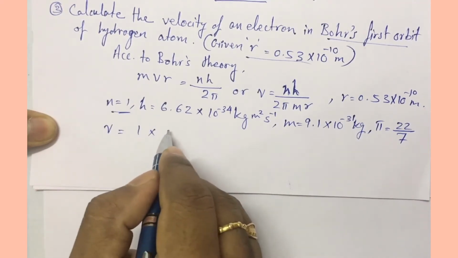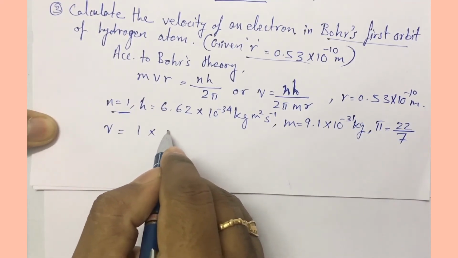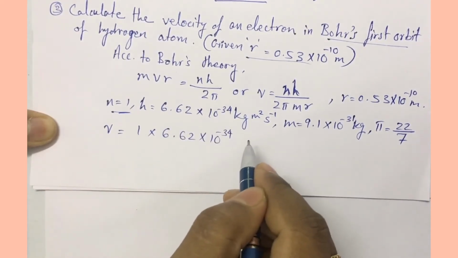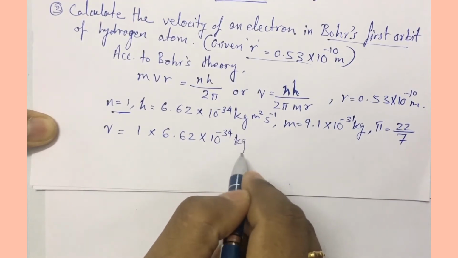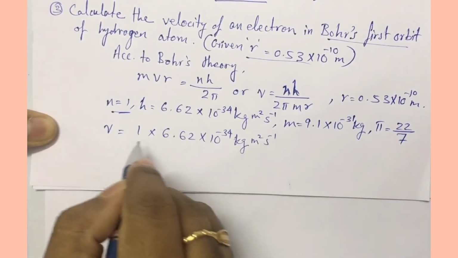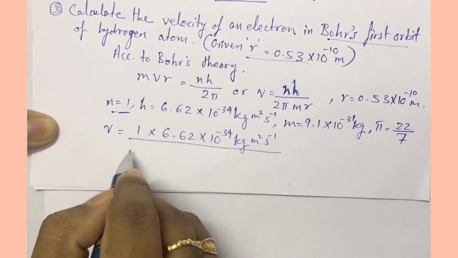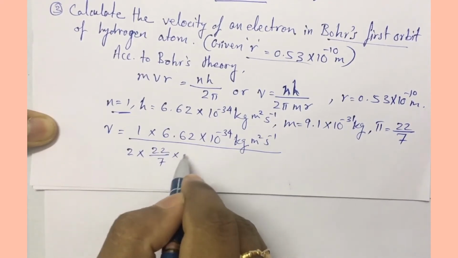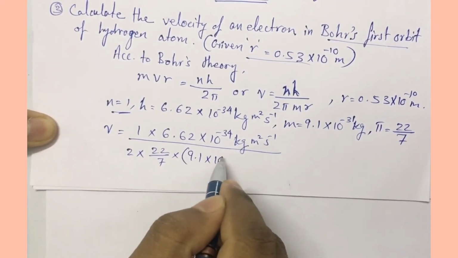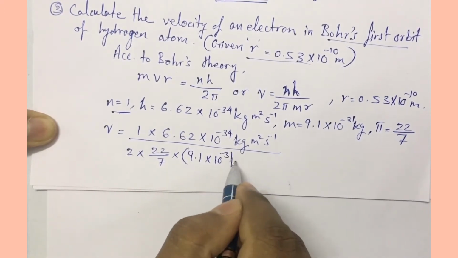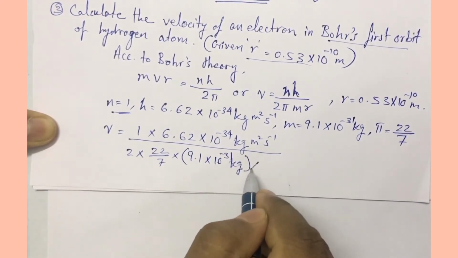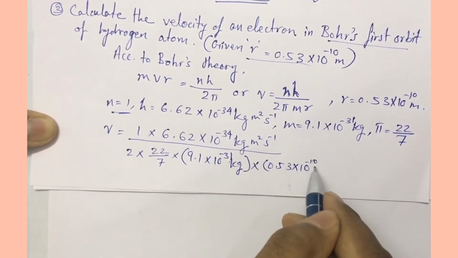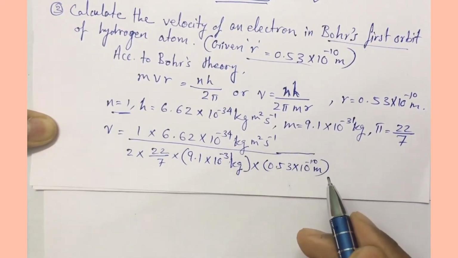Then h is Planck's constant, 6.62 into 10 raised to minus 34 kilogram meter square per second, divided by 2 into pi, value is 22 by 7, into 9.1 into 10 raised to minus 31 kg, that is the mass of electron, into 0.53 into 10 raised to minus 10 m. That is the radius of electron.